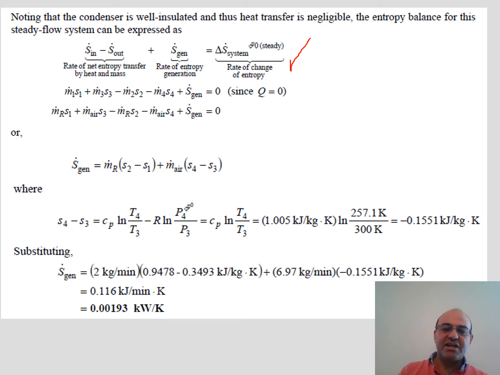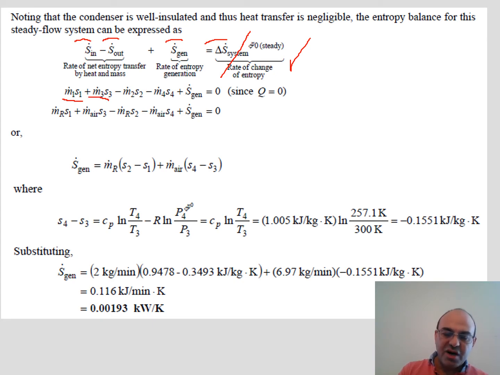So the second law, or entropy balance, says that entropy in minus entropy out plus entropy generation is equal to the change of the entropy of the system. Because it's a steady state process, the entropy of the system doesn't change. So entropy in is because of the air stream bringing in entropy, refrigerant brings in entropy.